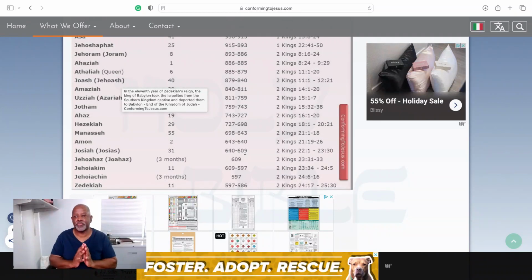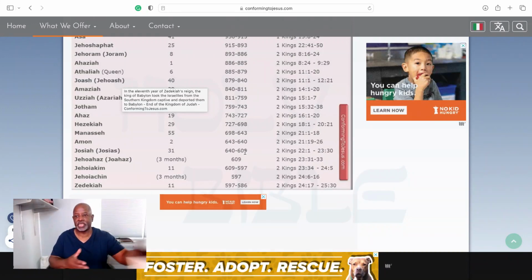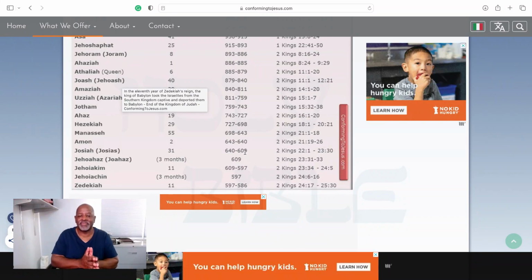Now, one of the problems we have when we're reading the Bible is that because we have printed books, we forget that the Bible itself, the name Bible, means a collection of books. So these books were written at very different periods of time.